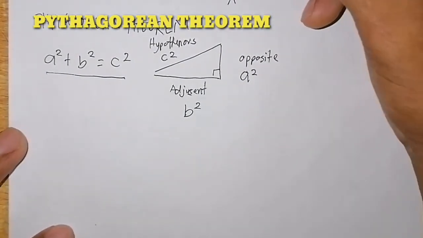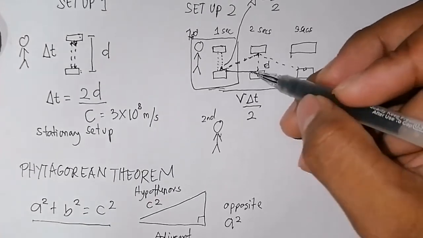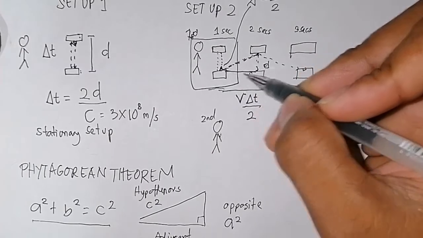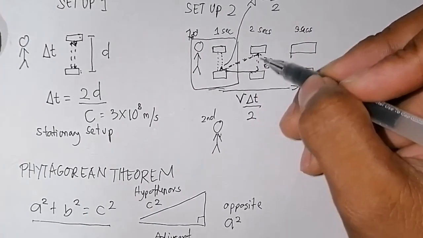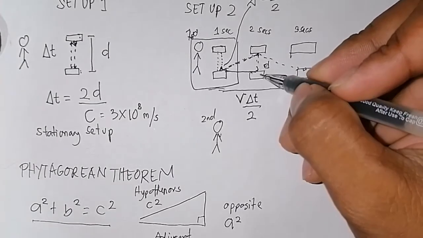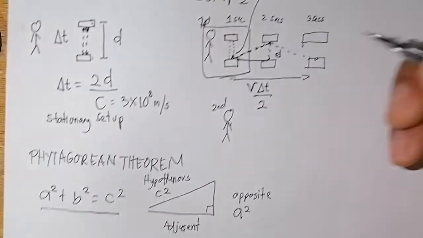Considering that in our illustration above we already have the right triangle, all these sides and variables are already identified.